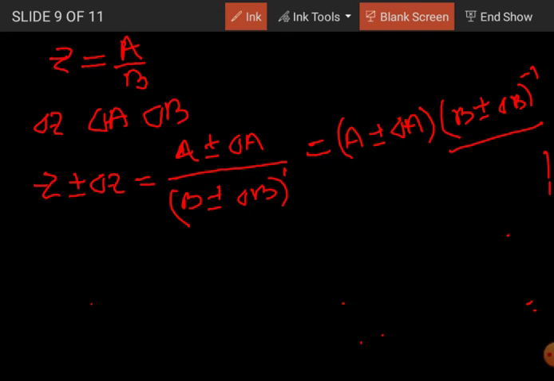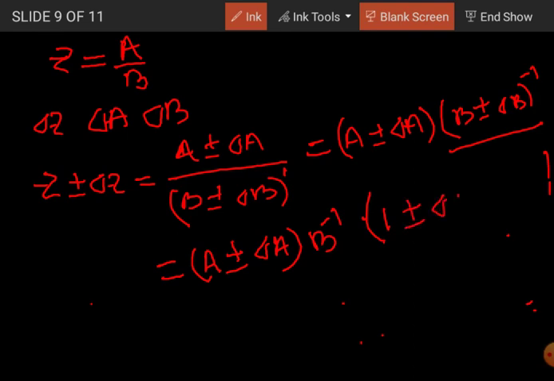with what expression? This can be written as a plus minus delta a over b. You can take b common there, then it will be b to the power minus 1, and then you can write it as a plus minus delta b to the power minus 1.